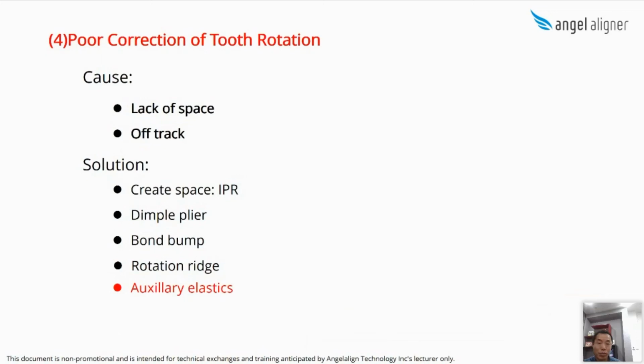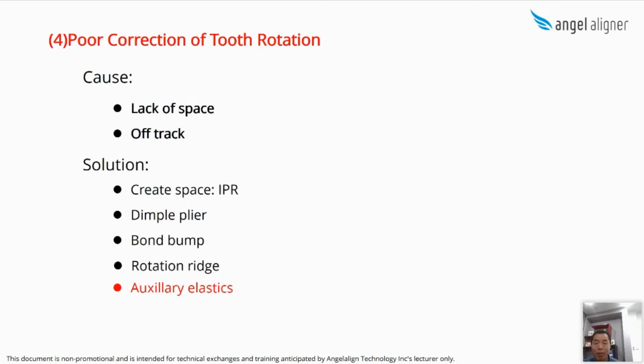If a rotation does not track during treatment, the following steps can be applied. You can remove the attachment so as to eliminate any unwanted interference to tooth movement.